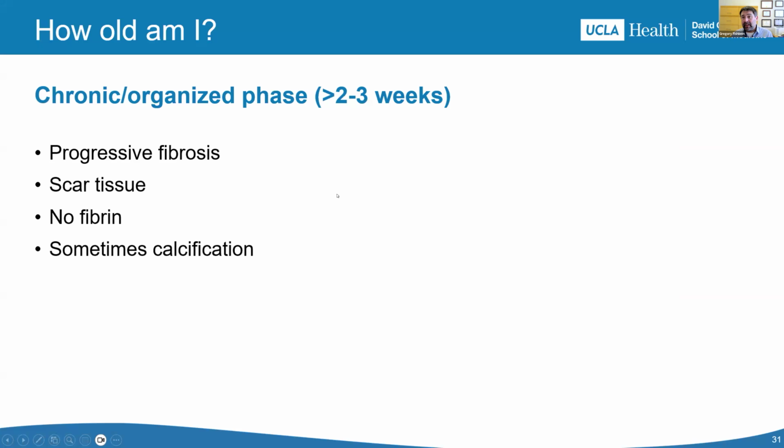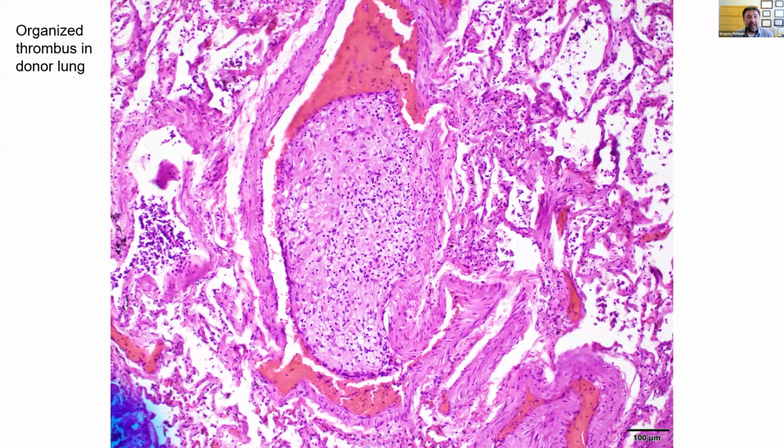And then finally, in the chronic or organized phase, the fibrosis progresses, there's no more fibrin, and it becomes scar tissue, sometimes getting calcified. This is an organized thrombosis, actually in a donor lung. It's still not completely mature, and there's some inflammation, but you don't see fibrin, so this is nicely adherent to the wall.